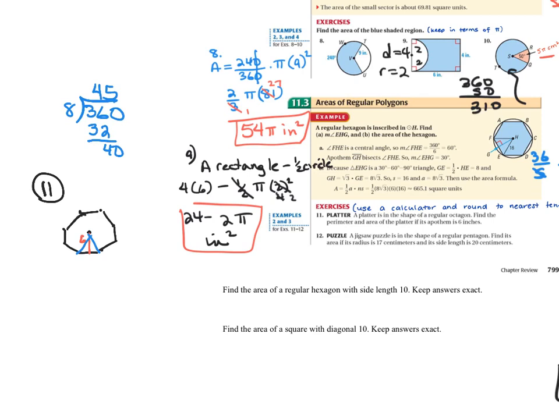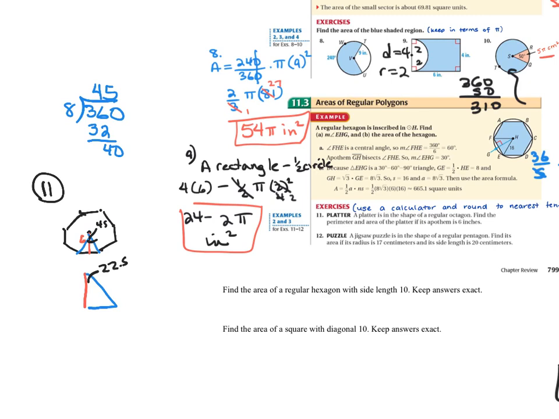What I'm going to do is split my apothem here. If this central angle up at the top is 45, when I split it, it becomes 22.5. Remember, when you're trying to find the area of a polygon, and it's not a hexagon, an equilateral triangle, or a square, we have to use our trig. We have to use SOHCAHTOA.